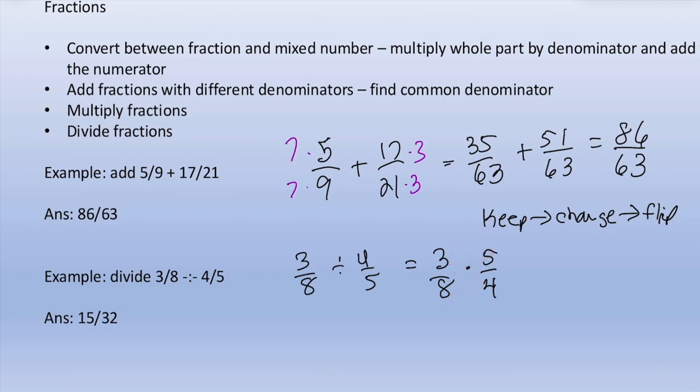You can reduce anything that has a common factor on top and bottom, but there's nothing that can do that here. So we just multiply tops with tops, bottoms with bottoms, and you get 3 over 32. You can always just reduce later. But that's that. Now, I want to show you on decimals how to do these problems.